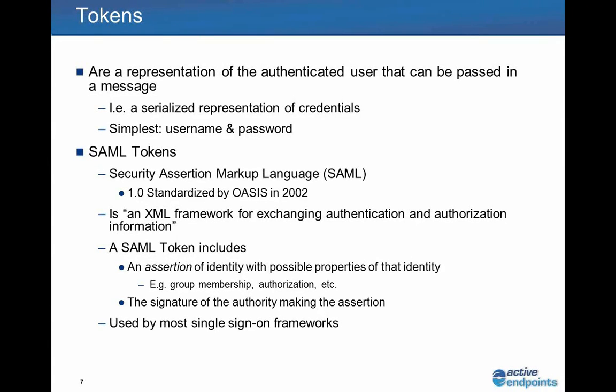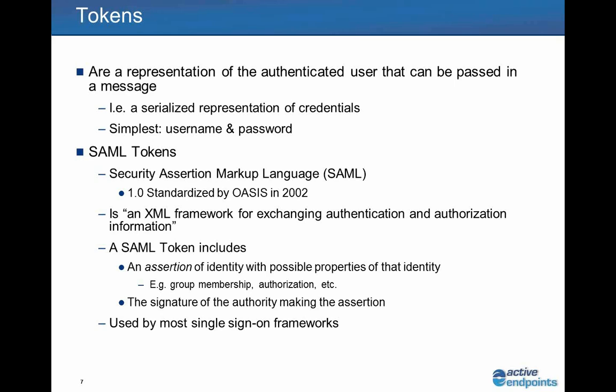If it's in a message, it says the message I'm in was authored by or is associated with a particular person. It can also say they're a member of this group, or they're authorized to do something in your system. The reason it's called an assertion markup language is that you can assert anything you want about the person you're talking about.